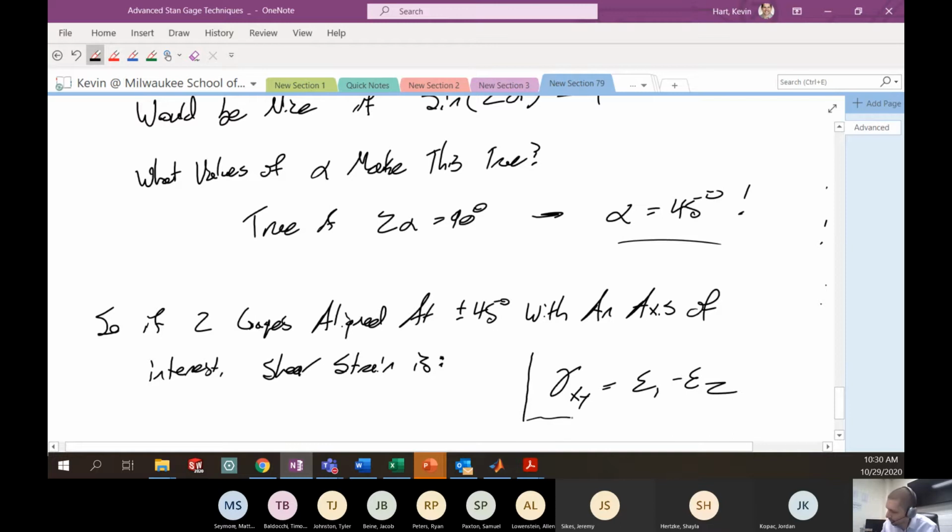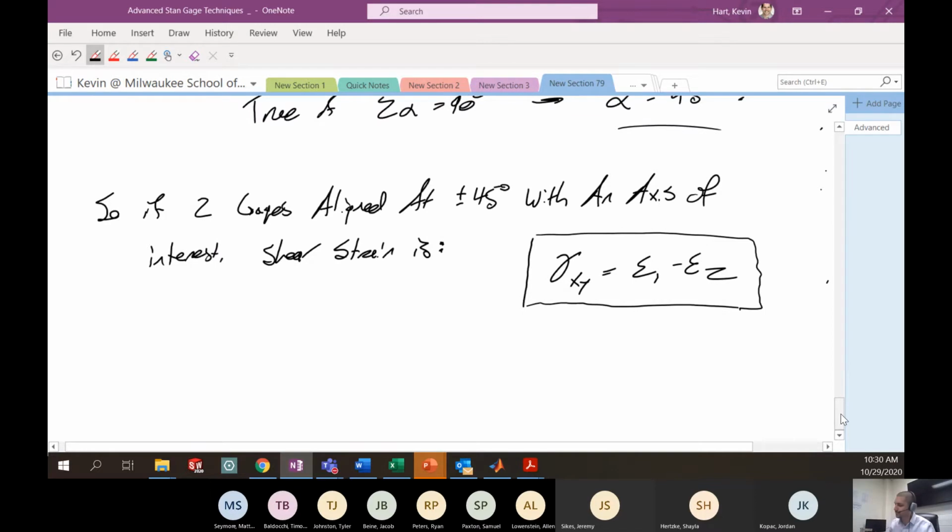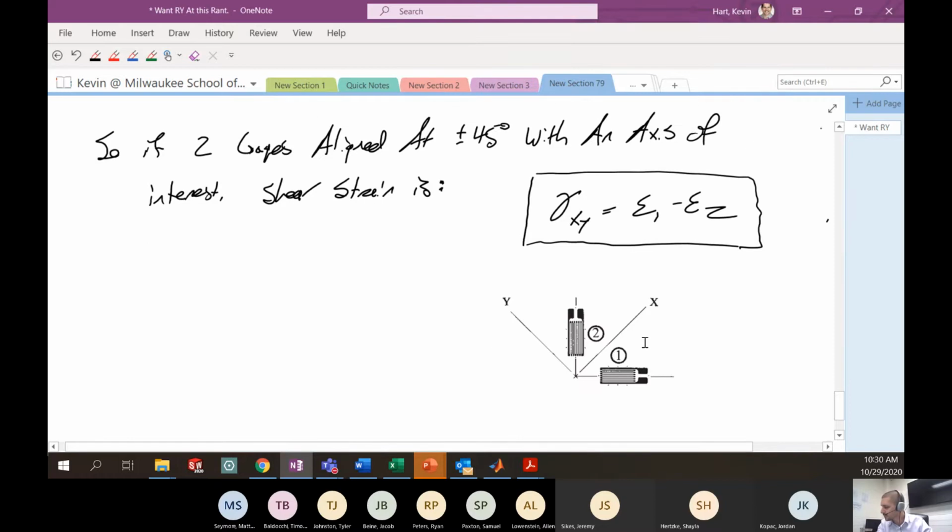And that's what I mean by leveraging some tricky techniques of multiple gauges. So there you go. The picture you should have in your head might look like this.